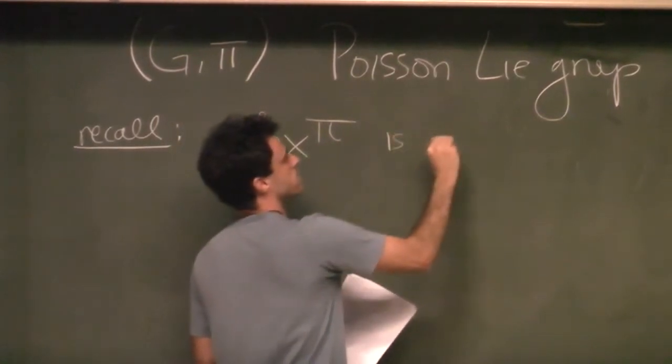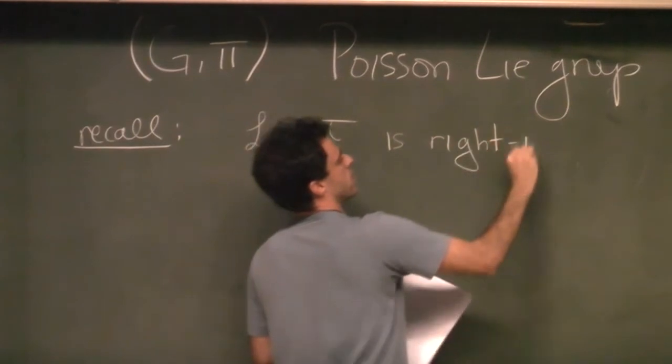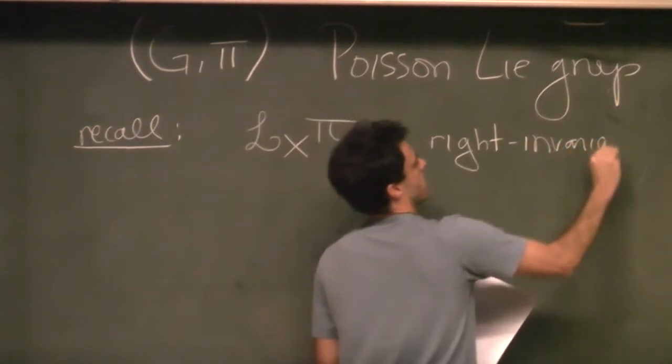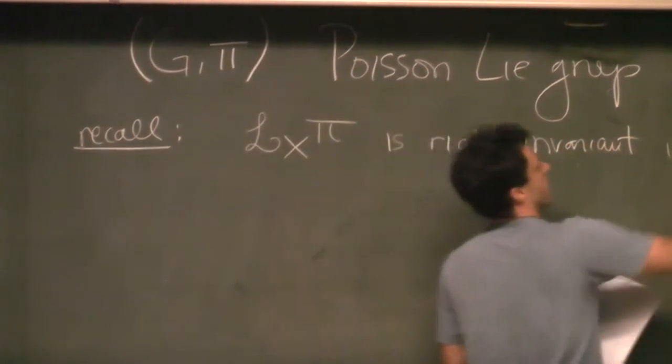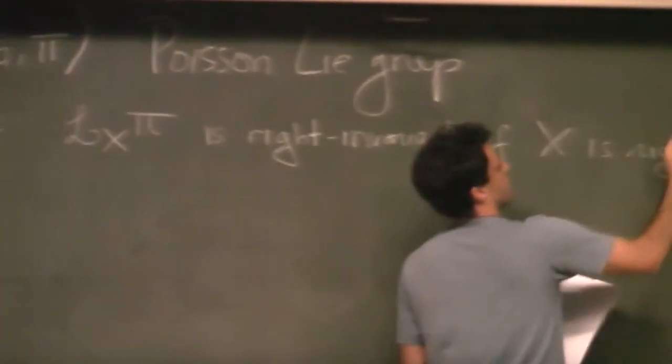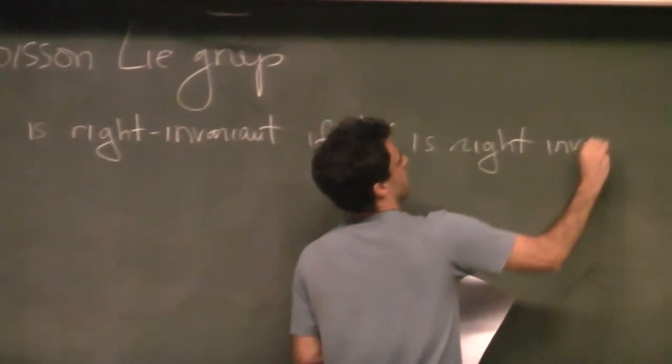So this is right invariant if x is right invariant.